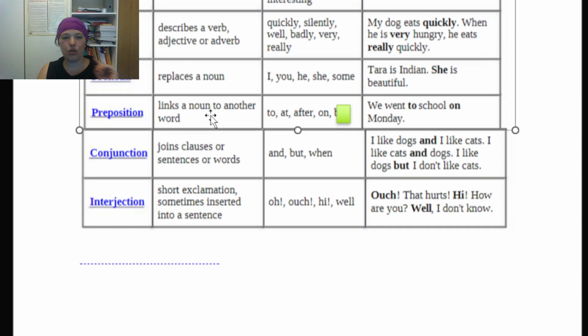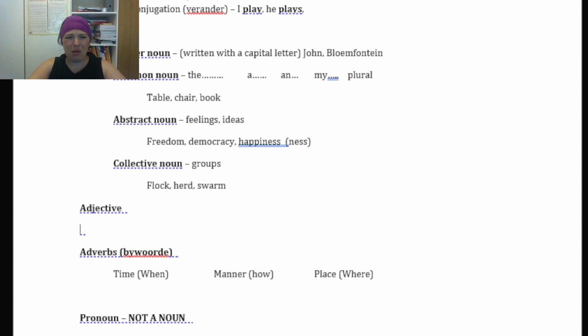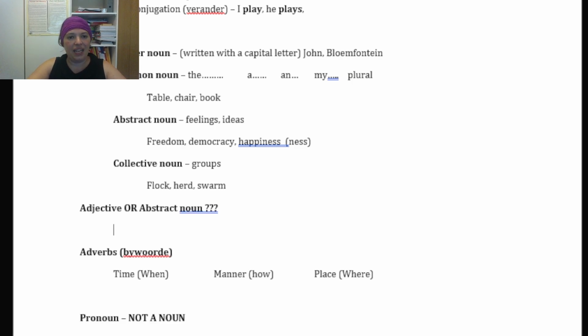Okay, just one note quickly. If you are wondering, wait, I'm not sure, is it an adjective or an abstract noun? Want hulle twee lyk baie keer baie dieselfde. En as jy dink, watter een is watter een? En jy sit in die toets en van, ek's nie seker wat hierdie een is nie.